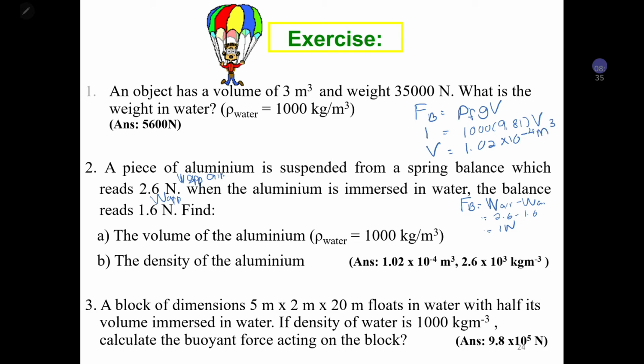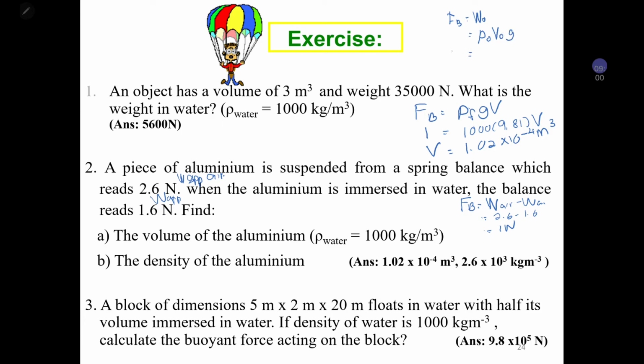Okay. So density of aluminium. Okay, kita dah tahu buoyant force. Kita tahu buoyant force adalah sama dengan weight object. Okay, weight object adalah sama dengan rho object V object g.